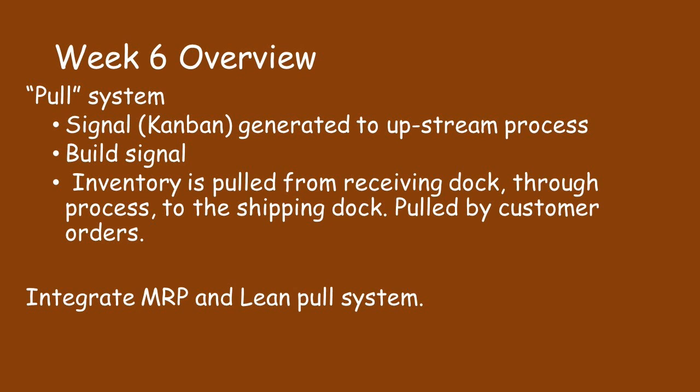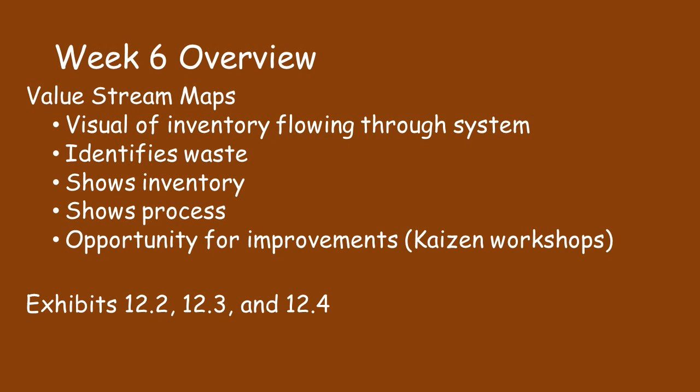Mature companies that have been doing MRP and lean pull systems for some time have figured out how to integrate those two systems because they can work together in concert with each other. Companies adopting lean principles rarely talk about their supply chain without referring to it as a value chain. Think about it like this.